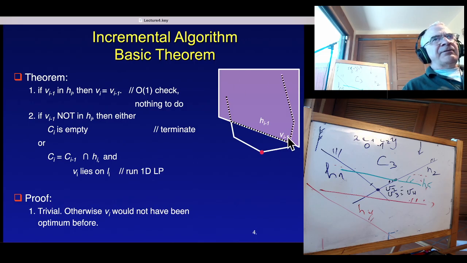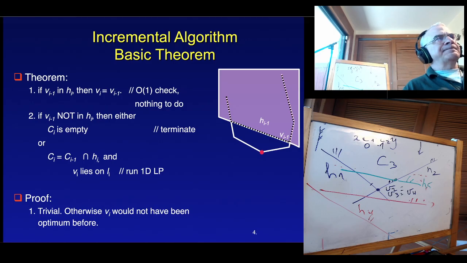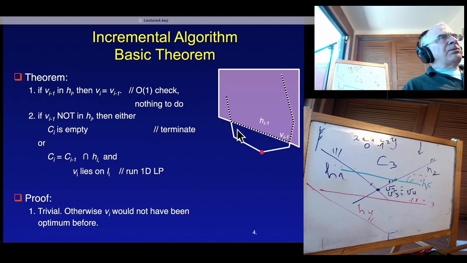Maybe I know about some of its vertices, not necessarily. I only keep track of the vertex that led to the best solution so far. So here is vi minus 1, and I'm about to insert hi, the ith half plane, and I'm asking what is the difference between vi, the solution after inserting hi, versus the previous solution vi minus 1.